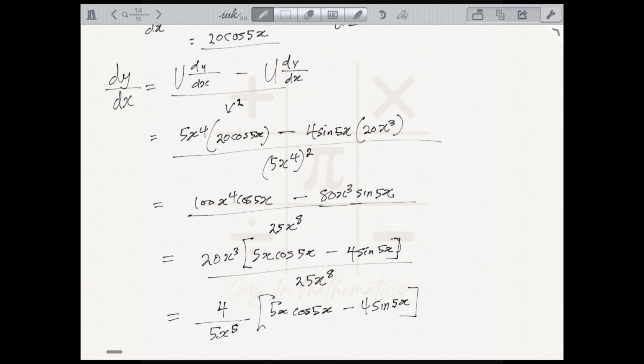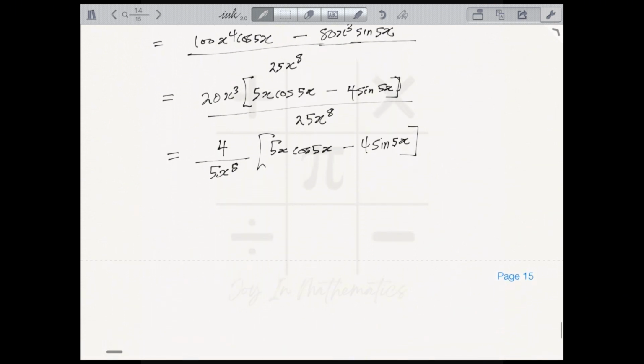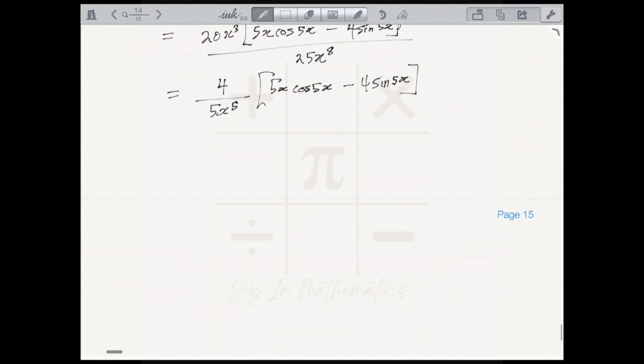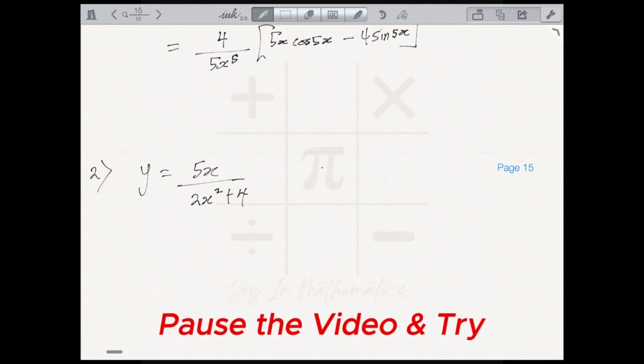Now let's take another example. Example number 2. Given y is equal to 5x divided by 2x squared plus 4, we should evaluate dy/dx.